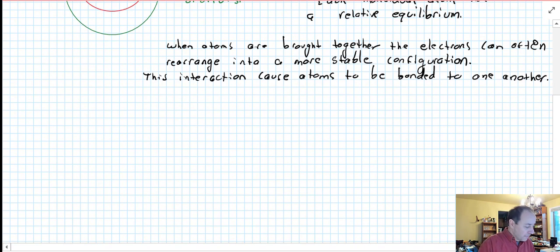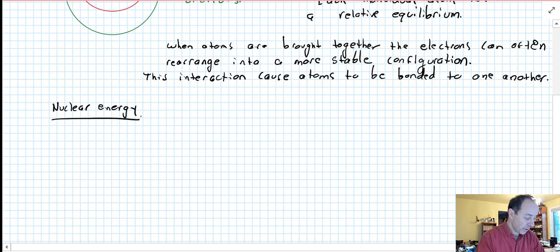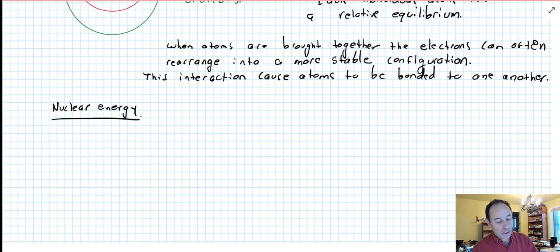Okay, so nuclear energy. Up above, chemical energy was the energy of the electrons. Nuclear energy, same sort of thing, but now we're talking about the nucleus.